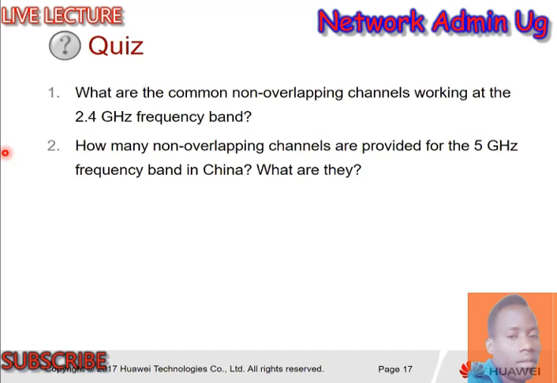Later on, we shall look at how to avoid interference from various access points pointing at each other, broadcasting the same channel or different channels, being propagated in another lane where the same or a similar channel is being propagated. We shall see all this and how to avoid it. But the non-overlapping channels should typically give you access and availability to the service without interference. That's their main purpose.